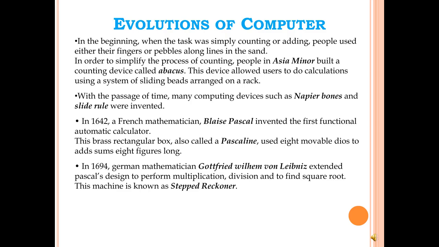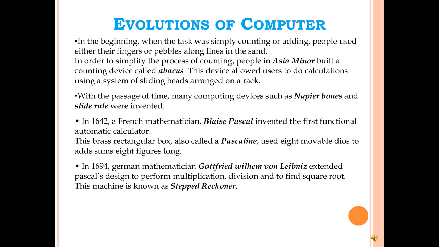Now, we got a French mathematician Blaise Pascal in 1642. Now in 1694, we got another mathematician, a German mathematician named Gottfried Wilhelm von Leibniz. He extended Pascal's design to perform multiplication, division, and to find square root. What basically the Pascaline used to do was the calculation, the additions.